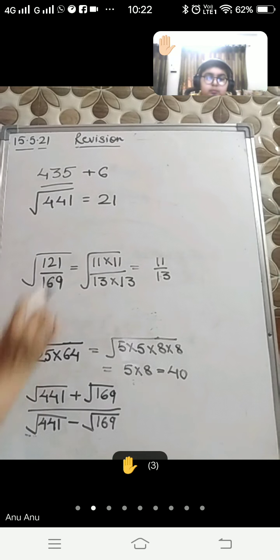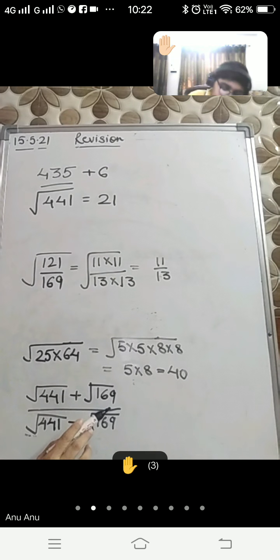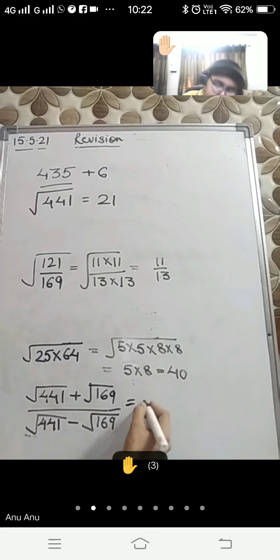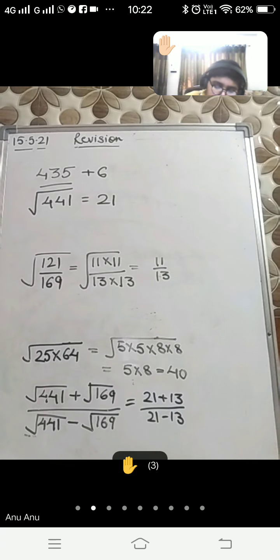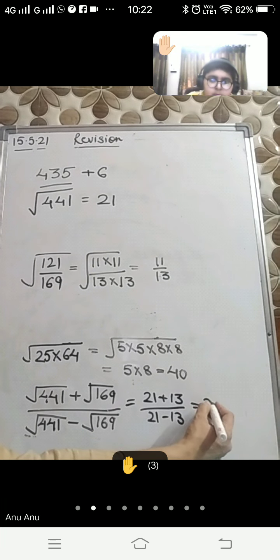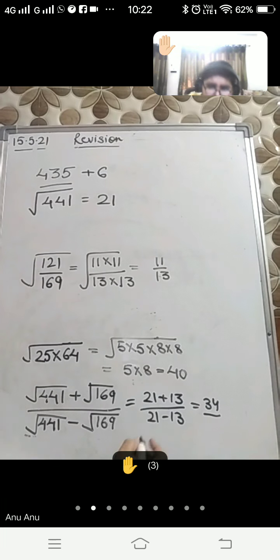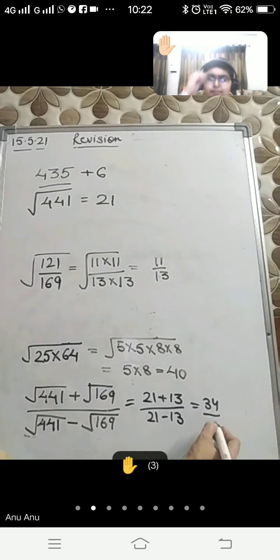The square root of 441 is 21. Square root of 169 is 13. So 21 plus 13, 21 minus 13. When you add them, you will get 34 upon 8.